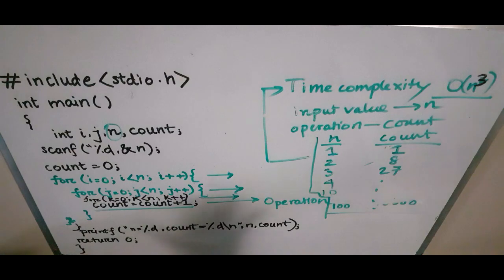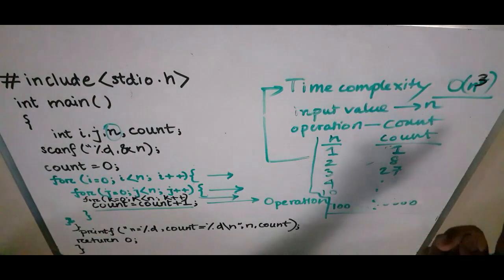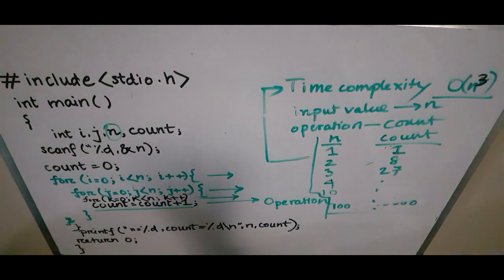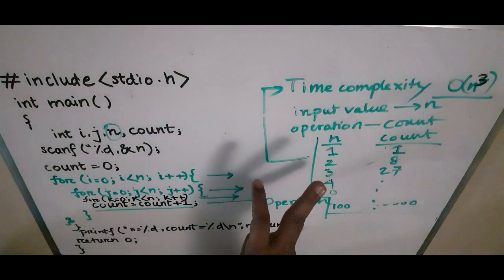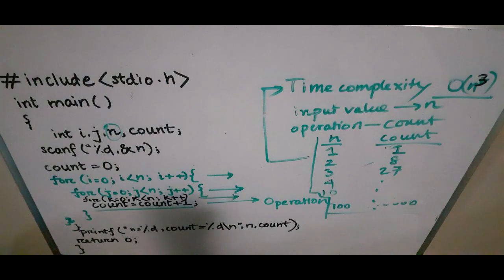I would say that time complexity in most cases will not go above big O(n cube). While you are doing a programming problem, at most we will have 3 nested loops, not more than that. If you have more than 3 nested loops, you can assume that there is a problem in your code, and you need to debug it, write the code once again, and check that.